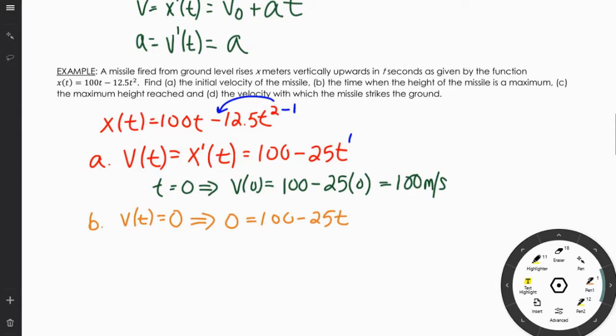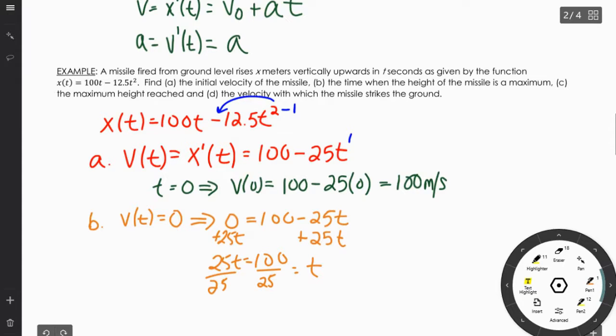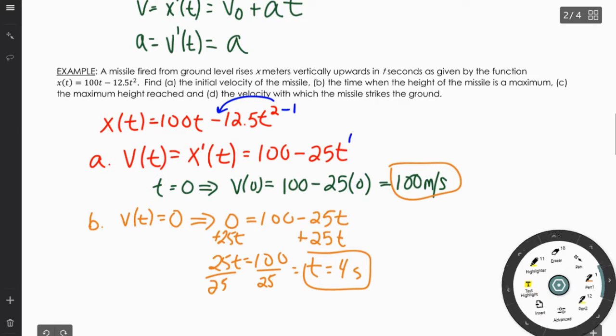All we have to do is solve this. So plus 25t, you get 25t equals 100. Divide both sides by 25. You get t equal to 4 seconds. So we have an initial velocity of 100, and a time to maximum height of 4 seconds.